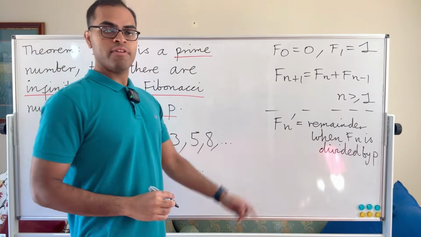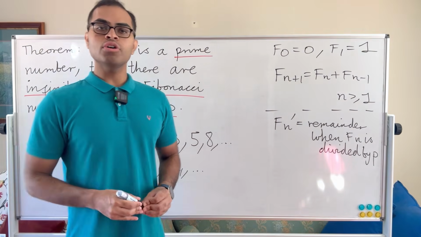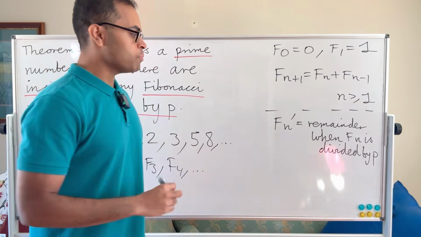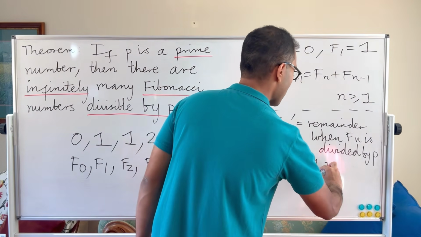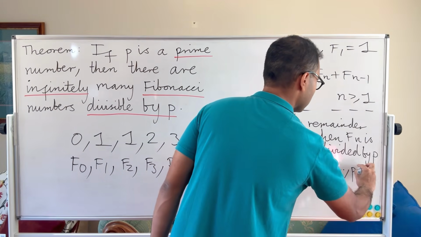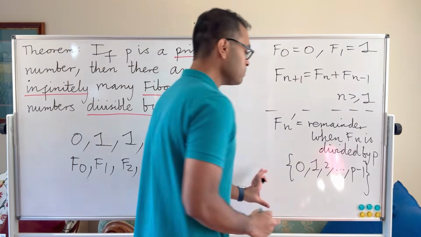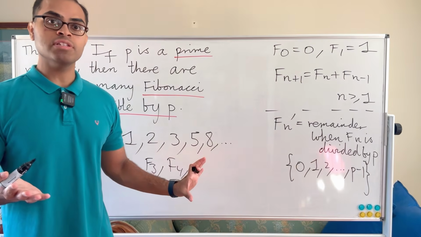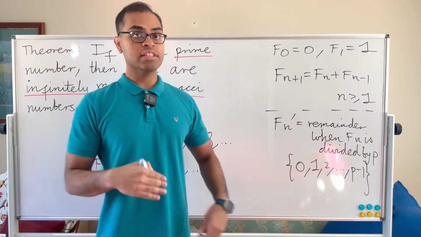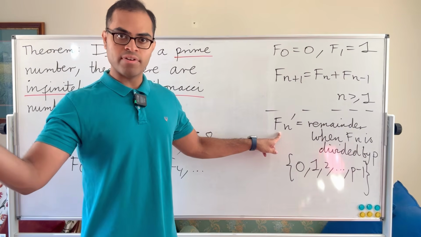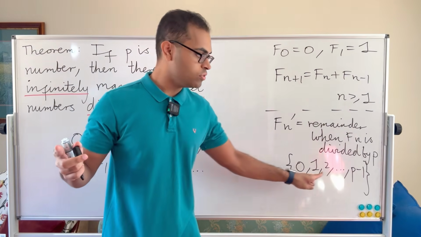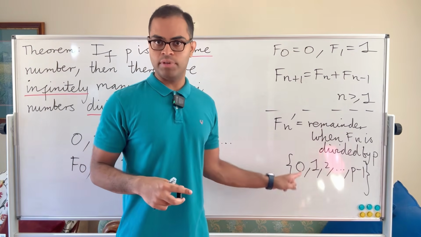All right, so that's what F'(n) is, and what this does for us is the possible remainders when you divide by P, doesn't matter what P is, are 0, 1, 2, ..., P minus 1. So there are P possible remainders when you divide by P. That's a finite number. So this sequence doesn't go on forever. It's just going to go within this finite set of P choices.